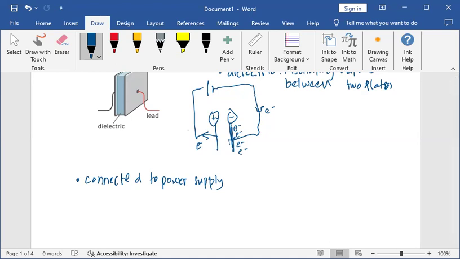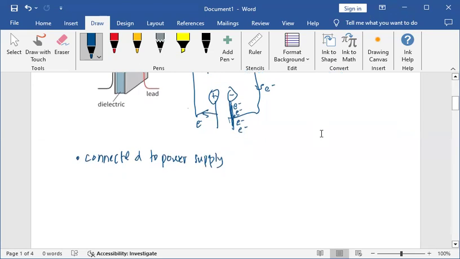And then it will stop when the potential difference equals the EMF, electromotive force. In that condition, we call the capacitor fully charged.